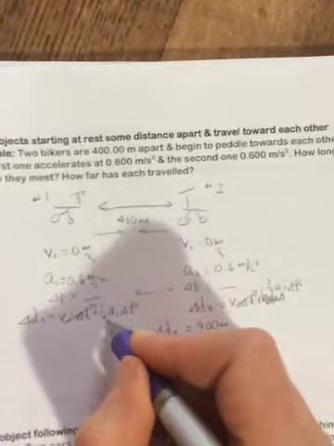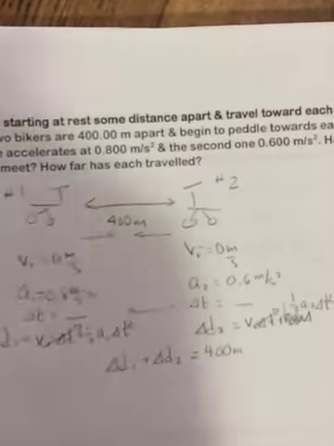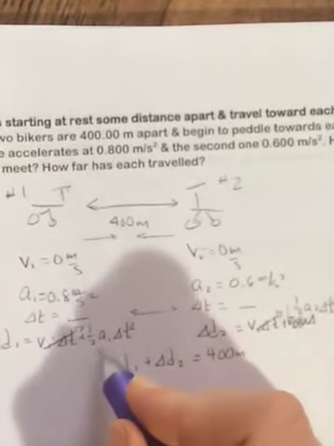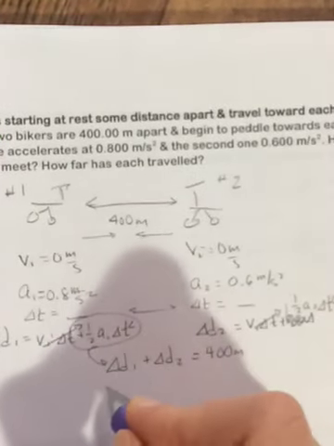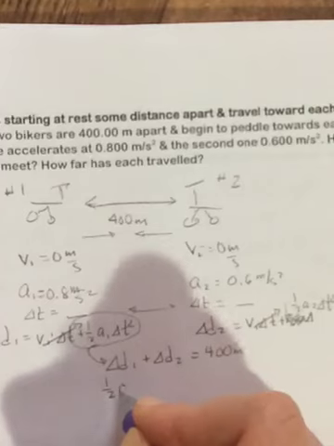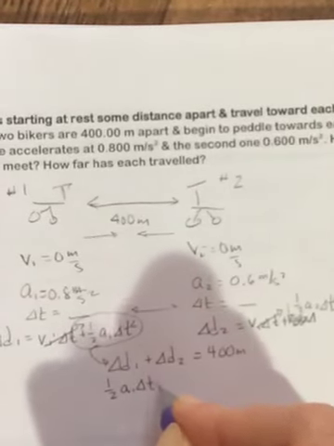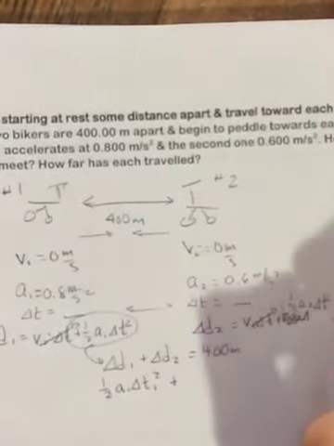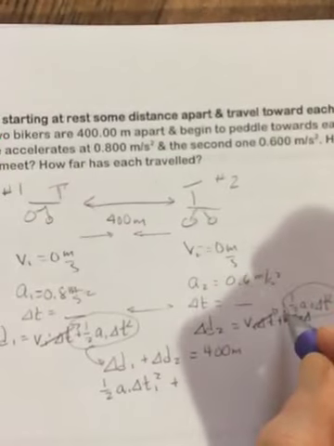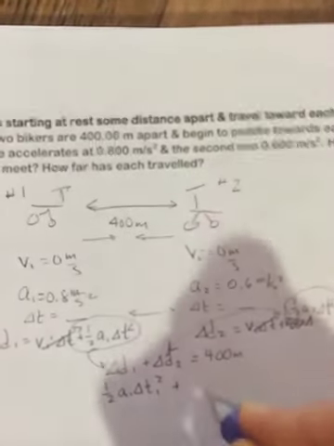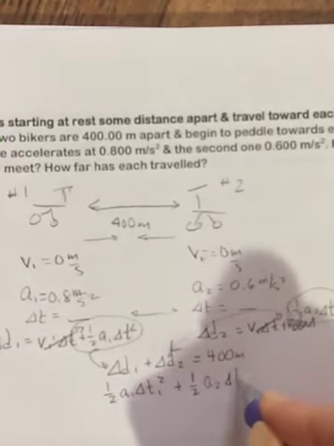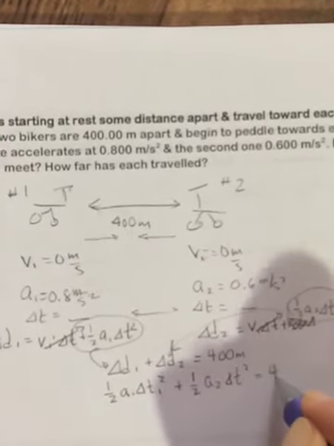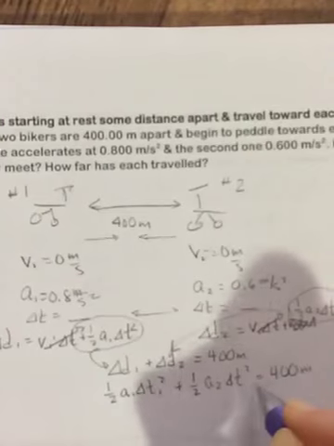Once you do that, then you can take what delta D1 is equal to and fill it in for it. So it becomes 1/2 A1 delta T squared plus what delta D2 is equal to, 1/2 A2 delta T squared, and that's equal to 400 meters.